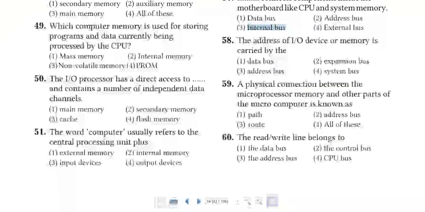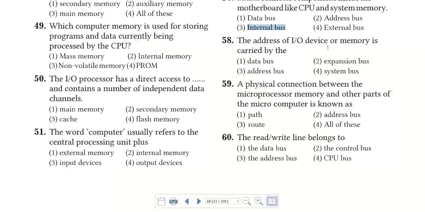The 58th question is: the address of input and output device or memory is carried by the address bus.